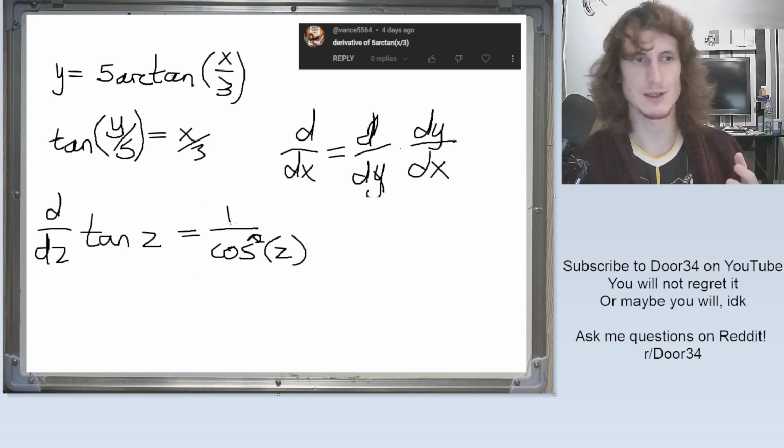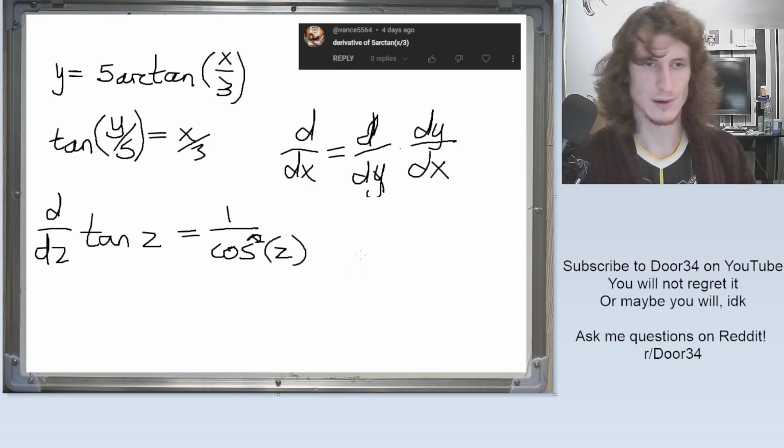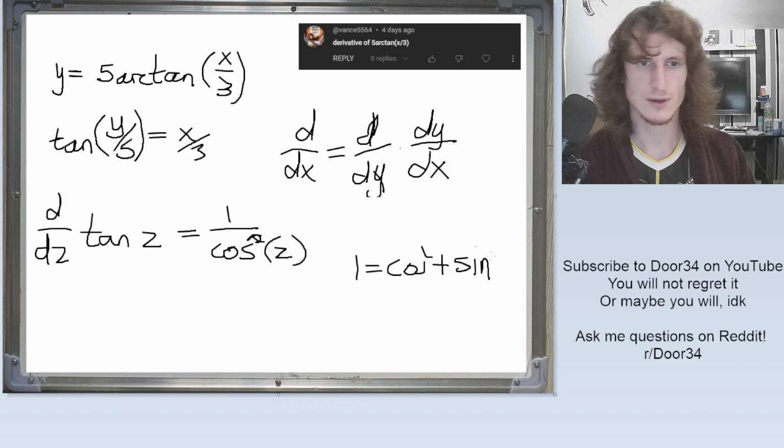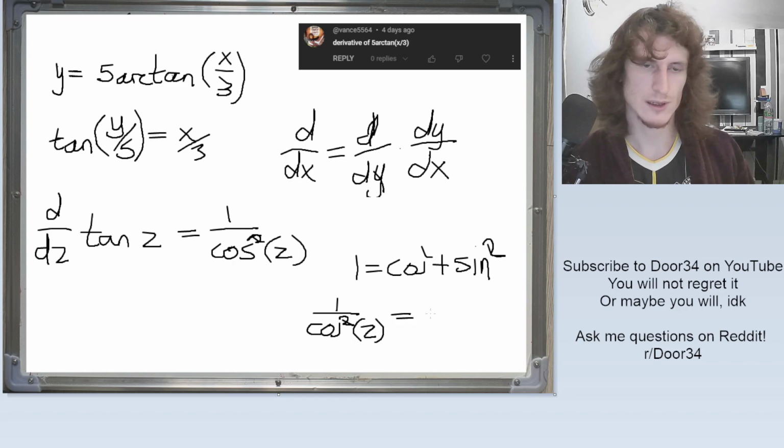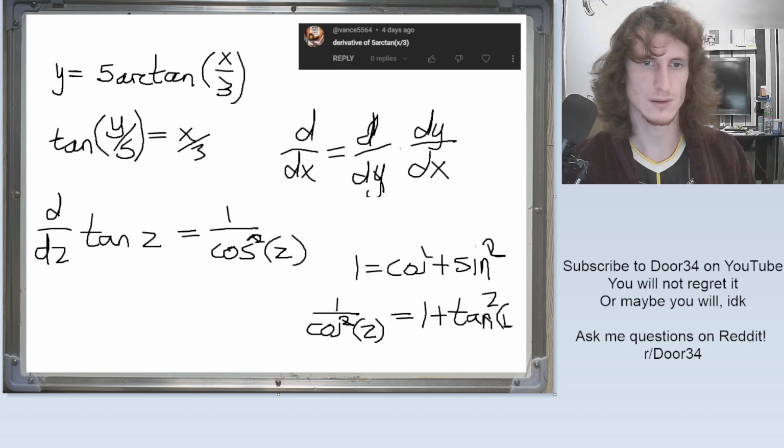Alright, and I want to rethink what this is. Recall that 1 equals cos squared plus sine squared. So if we divide by cos squared on both sides, we get 1 over cos squared is equal to 1 plus tangent squared of z.